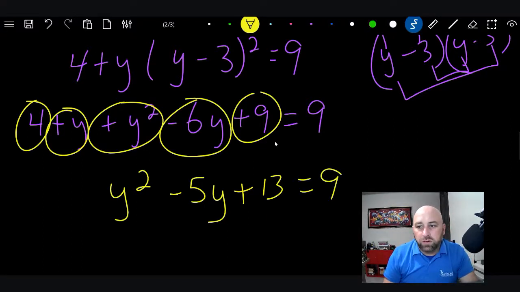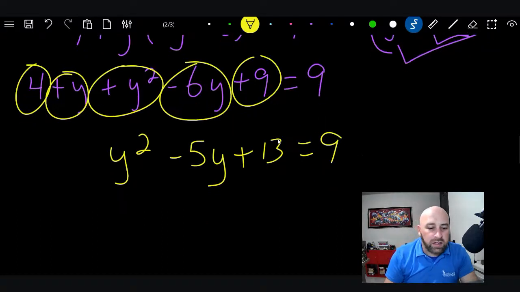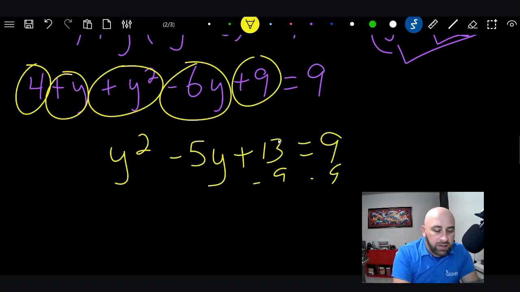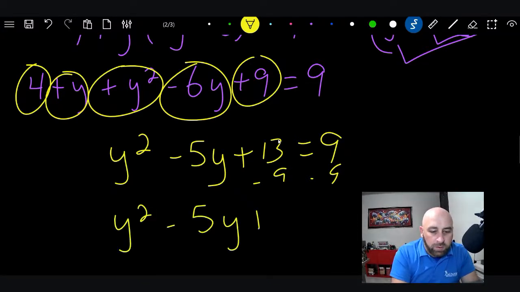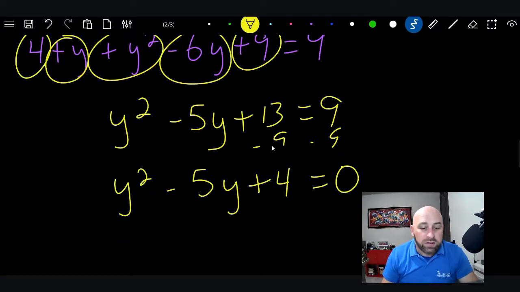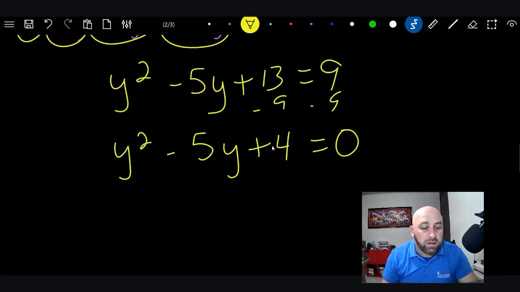Move it over to the other side, and you're going to get minus 9, minus 9. And that's going to give you y squared minus 5y plus 4 equals 0. Now we're in standard form of our quadratic equation. Now we can factor.